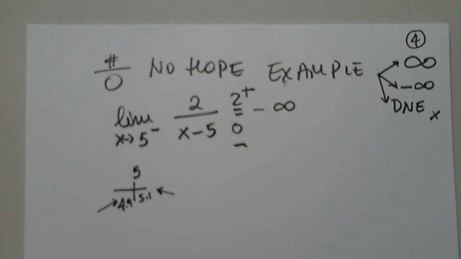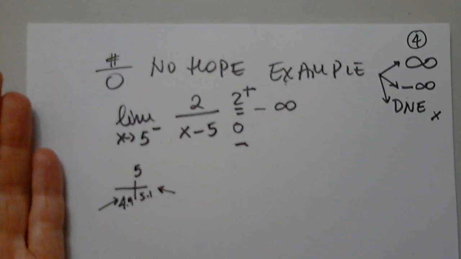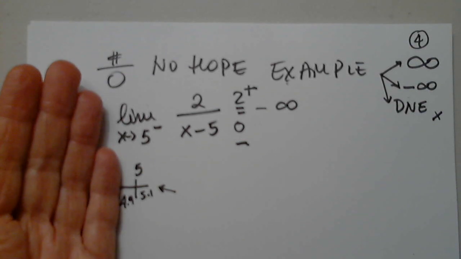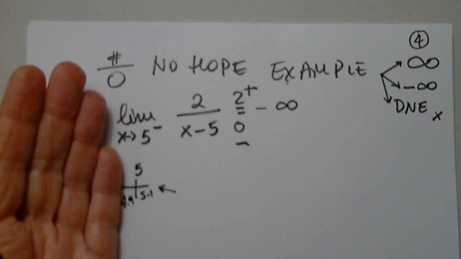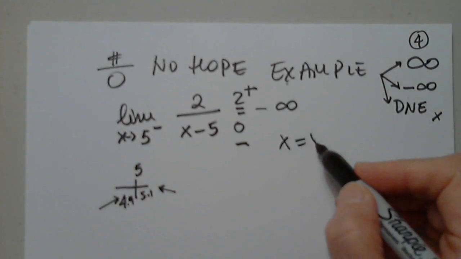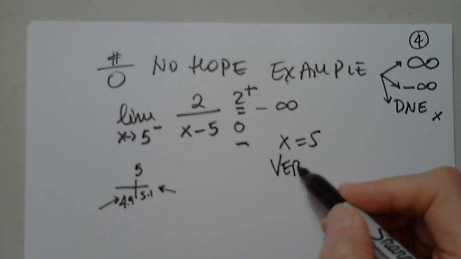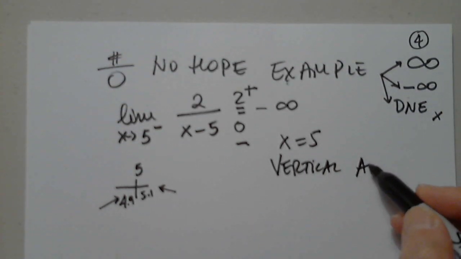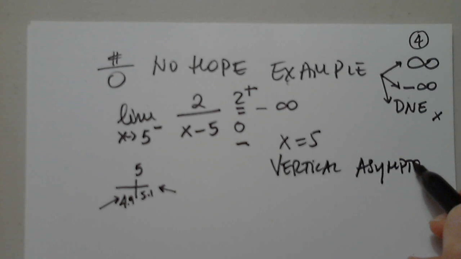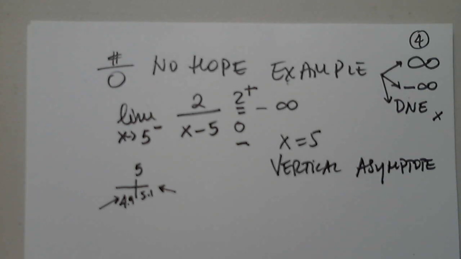And here, when x approaches 5 from the left and the function goes to negative infinity, x equals 5 is a vertical asymptote. As you see, multiple examples. They're all different. Okay, so back to the book.